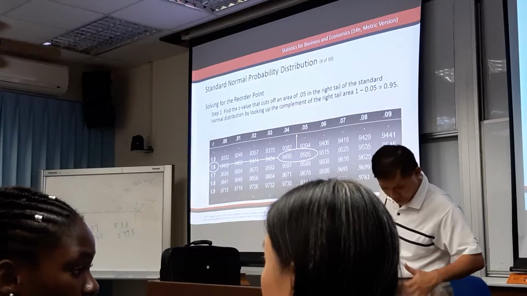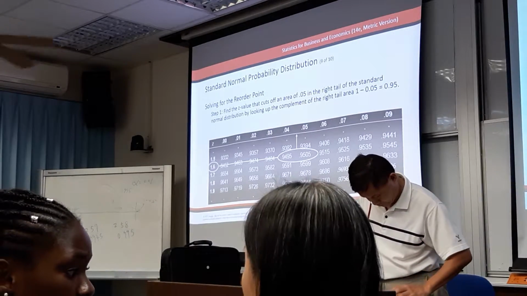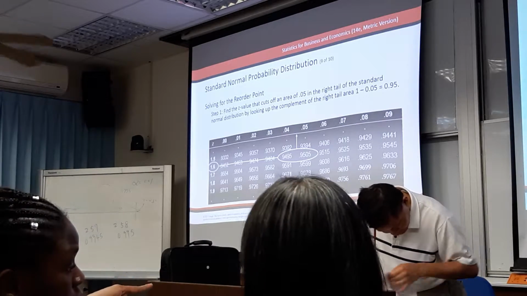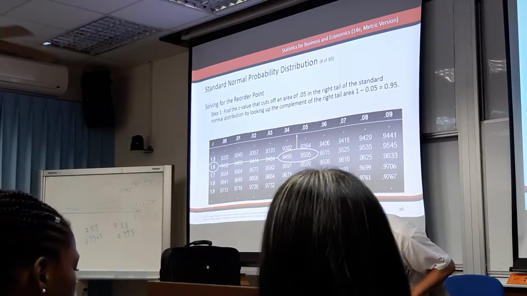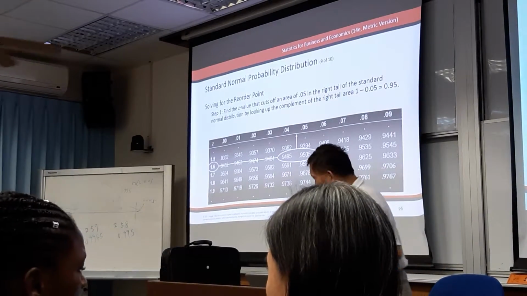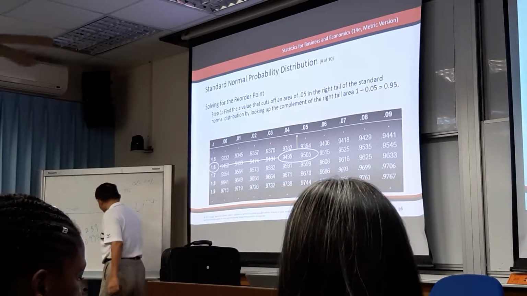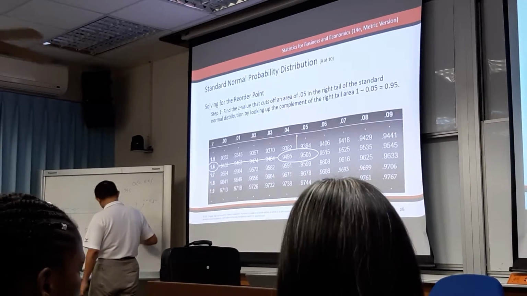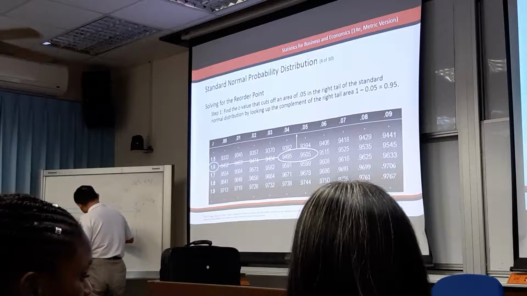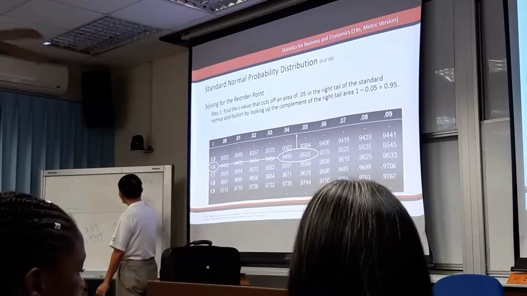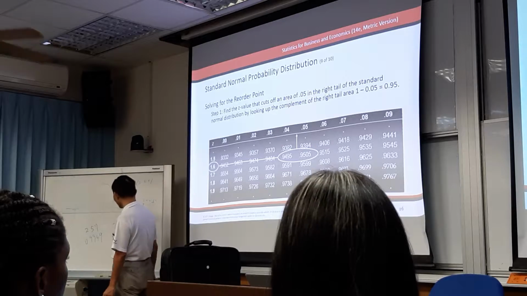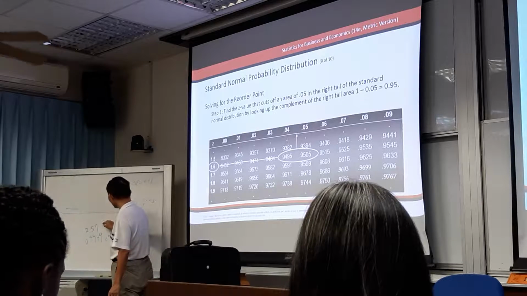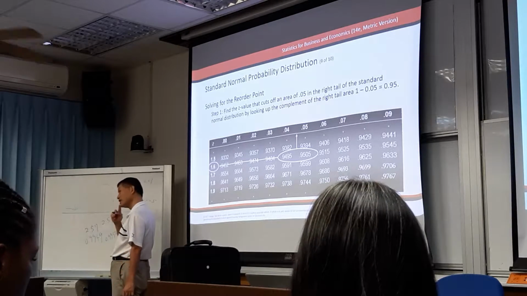I don't have a full table. So we are looking for 0.995. It is here, so it will be 2.575 or 2.58.